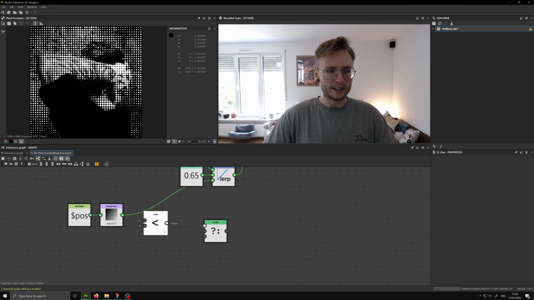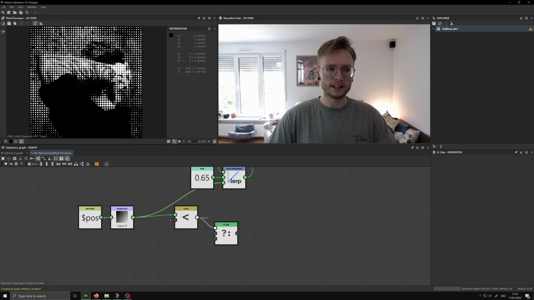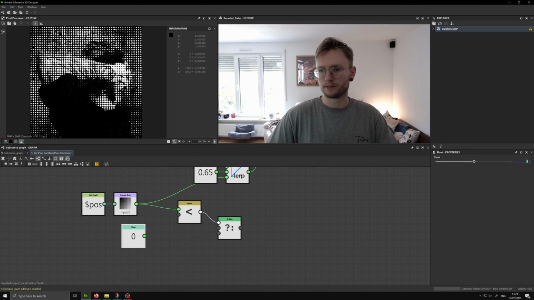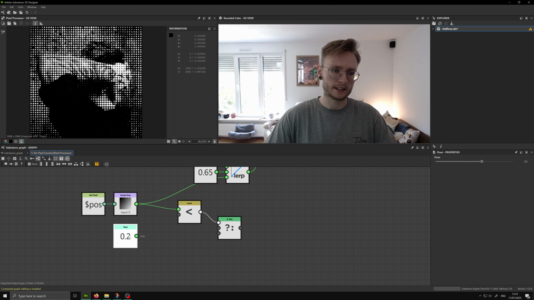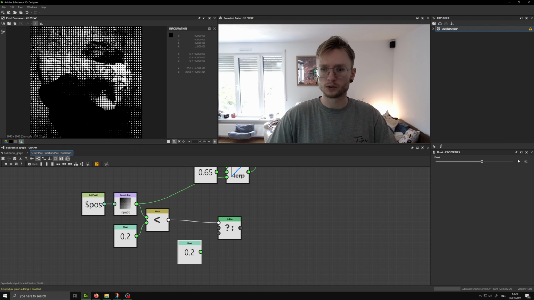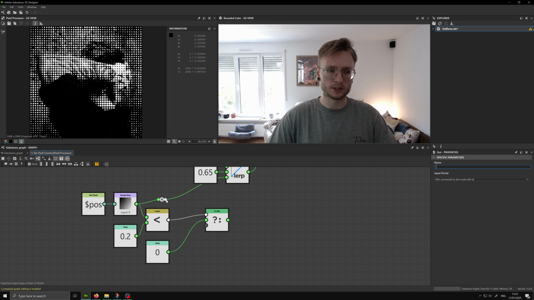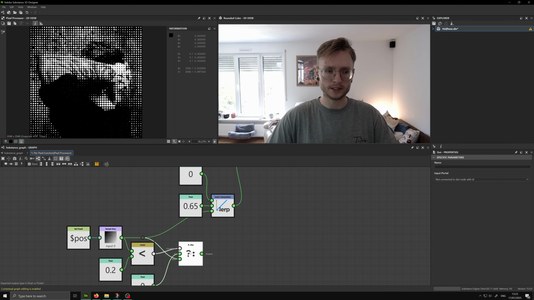We need some condition to fulfill: if the value we sample here at our UVs is lower than, for example, 0.2, so anything that has a grayscale value lower than 0.2, then I want to resample this and just hard code it to 0. And if that's not the case, I'm just going to reroute my original values here.